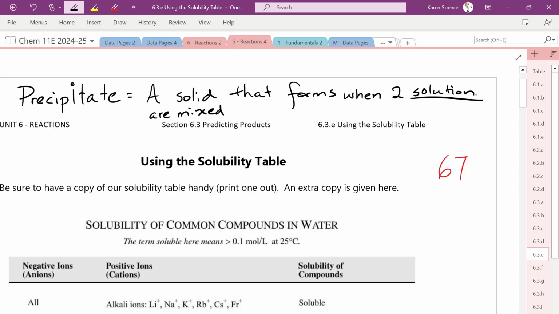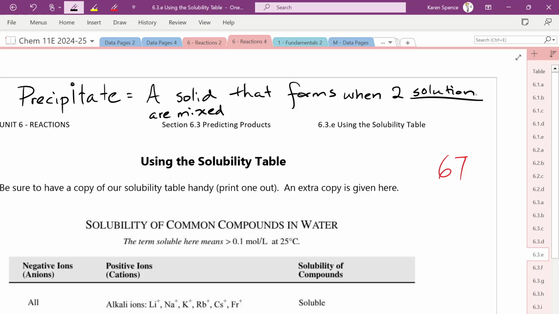So what's going to happen is we are going to do a double replacement reaction. Okay? And when you have a double replacement reaction, you take the cations from two ionic compounds and you swap them. Yes? That's what a double replacement reaction is.